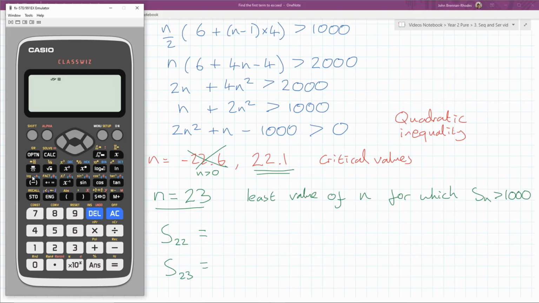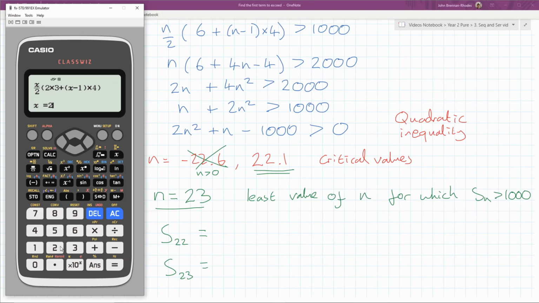So I have got n over 2, and I've got 2 times my first term, which is 3, plus x minus 1, which is n minus 1, and that is times 4 because that is the difference between each term. And I press equal, and I press calc.